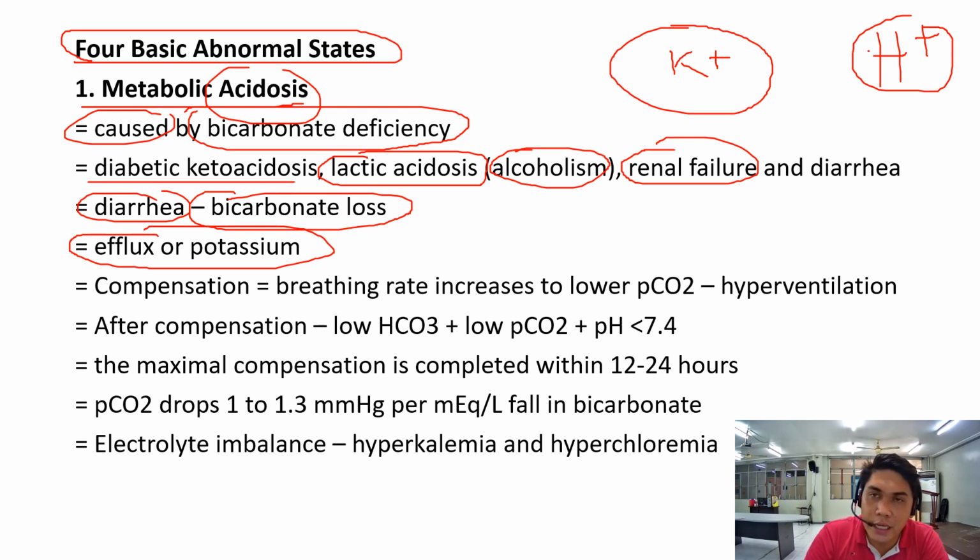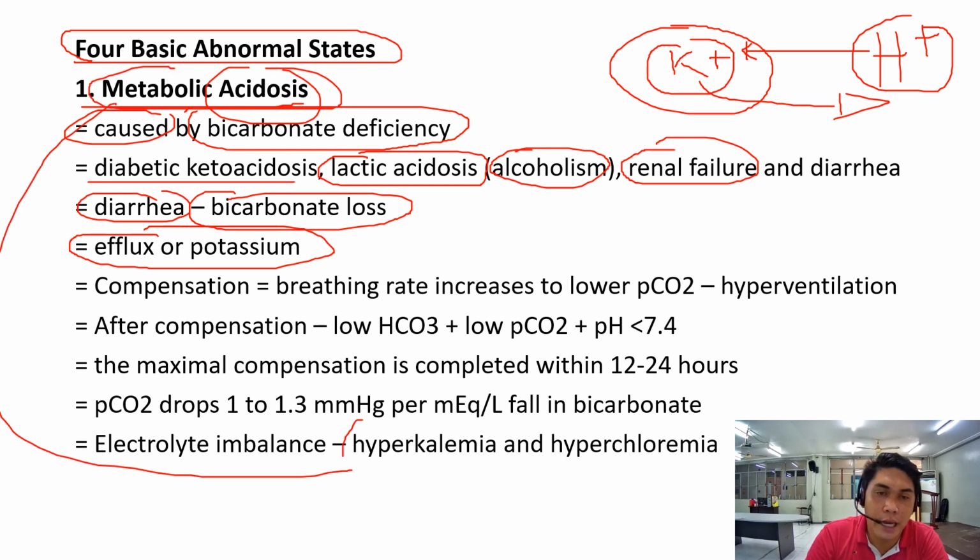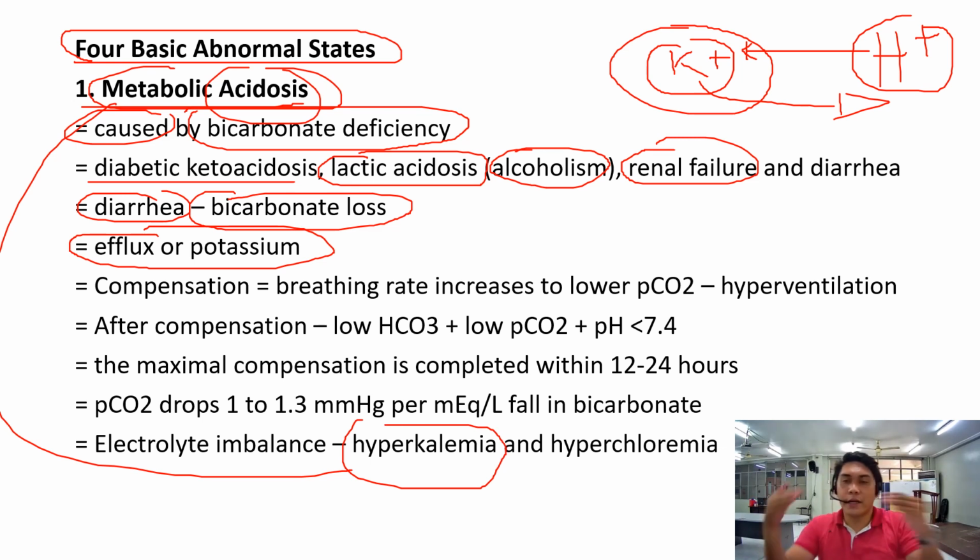So there is an influx of H plus, a transfer of H plus from extracellular to intracellular, and a transfer of K plus from intracellular to extracellular, or to your plasma. That's why patients with metabolic acidosis will experience hyperkalemia. It's because of the exchange, the efflux of potassium: K plus goes to the plasma, and H plus from the plasma transfers to intracellular.